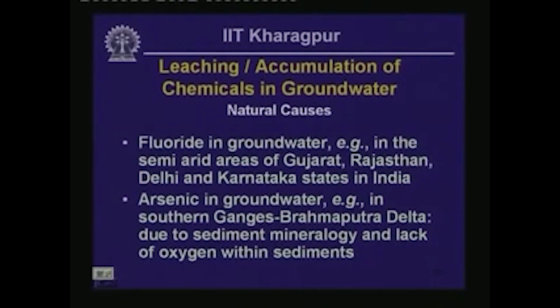It could be because of natural causes, such as fluoride in groundwater, which occurs in abundant quantity in the semi-arid areas in Gujarat, Rajasthan, Delhi and Karnataka in India, or arsenic in groundwater, which occurs in profuse amounts in the Ganges-Brahmaputra delta covering the southern parts of West Bengal and adjoining Bangladesh.